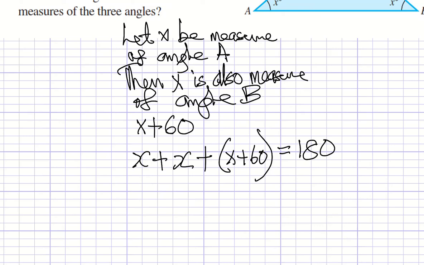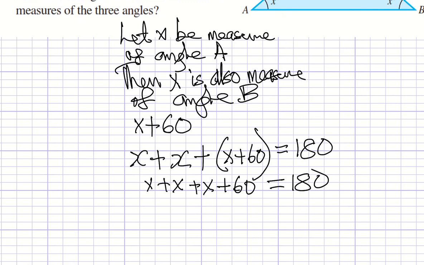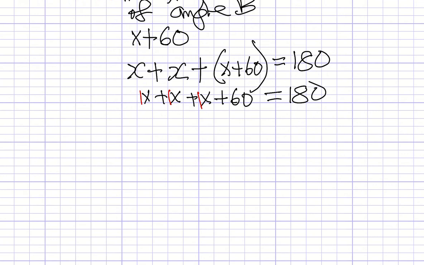So then we remove the brackets and we have x plus x plus x plus 60 equals 180. I always tell you, look at this: 1x, 1x, 1x, so there are 3x. That says 3x plus 60 is equal to 180.